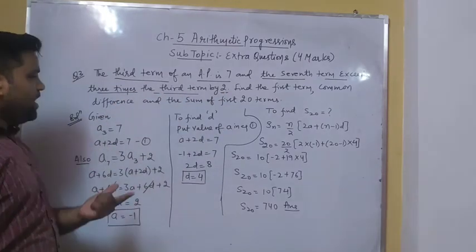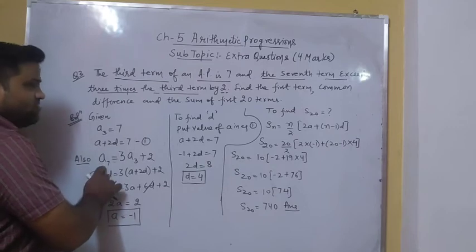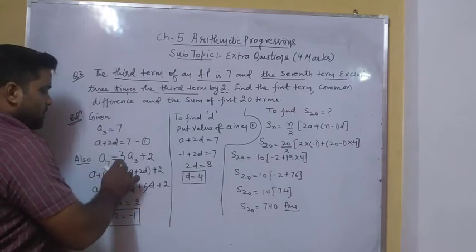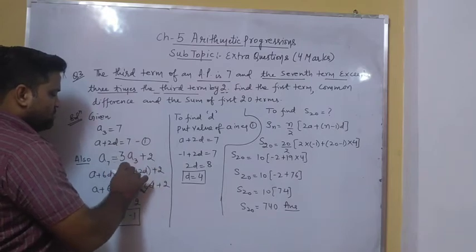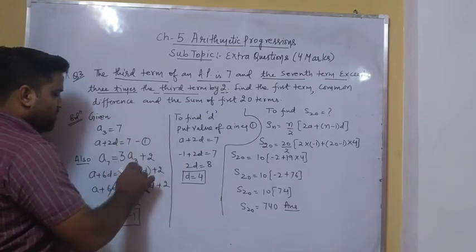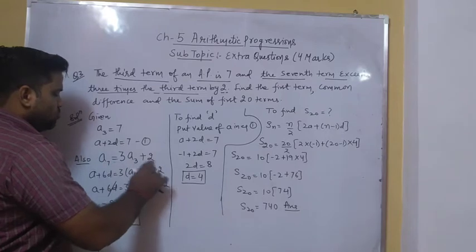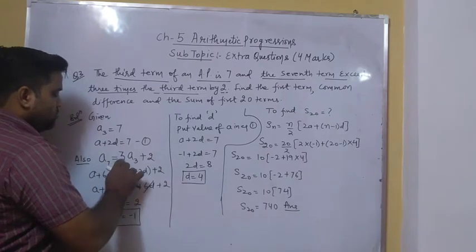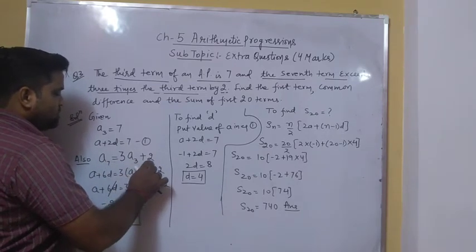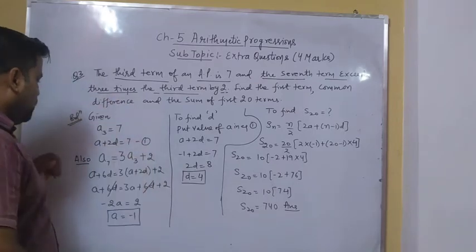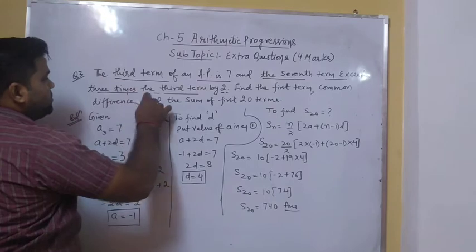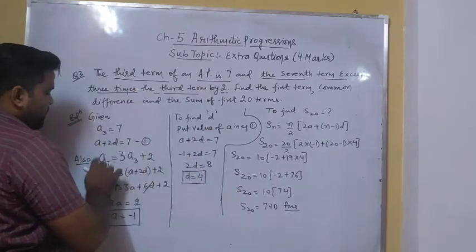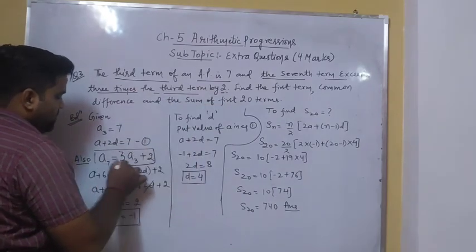It means we can write this condition as: the seventh term exceeds thrice the third term by 2. So we can write a7 equal to thrice the third term plus 2. So we can write this condition in this manner.